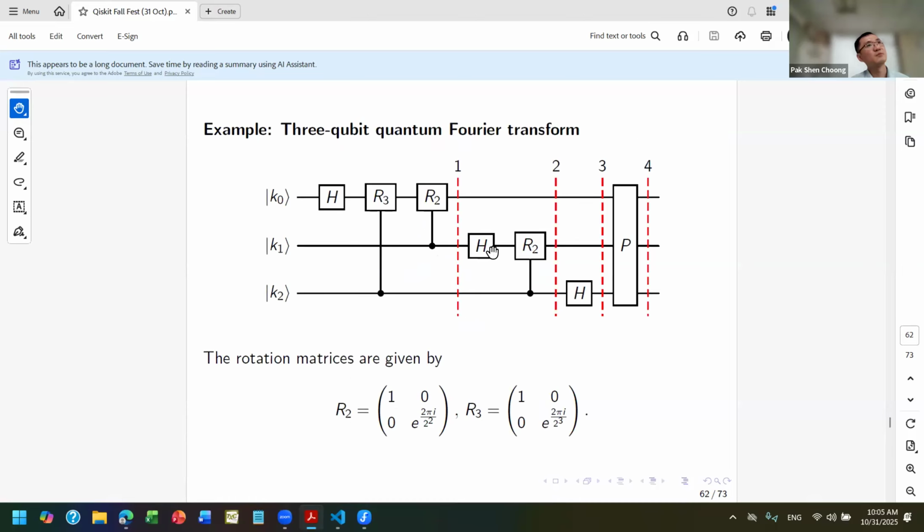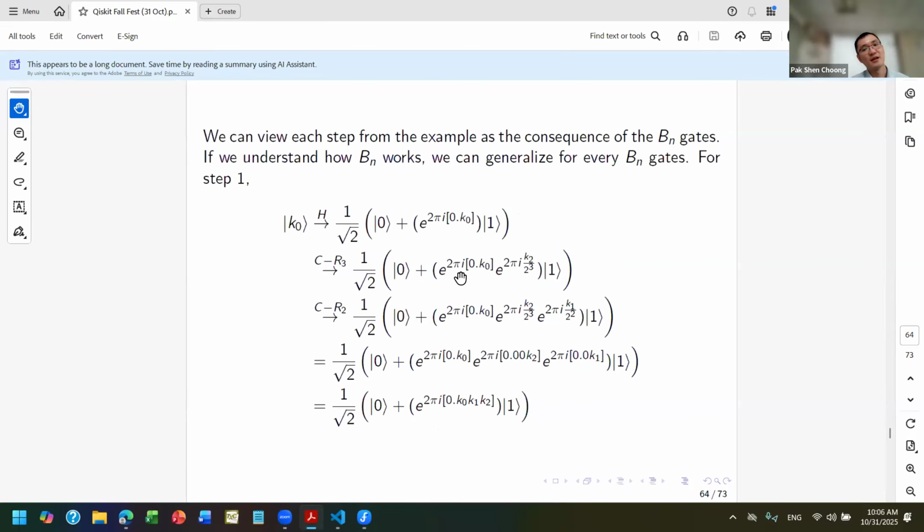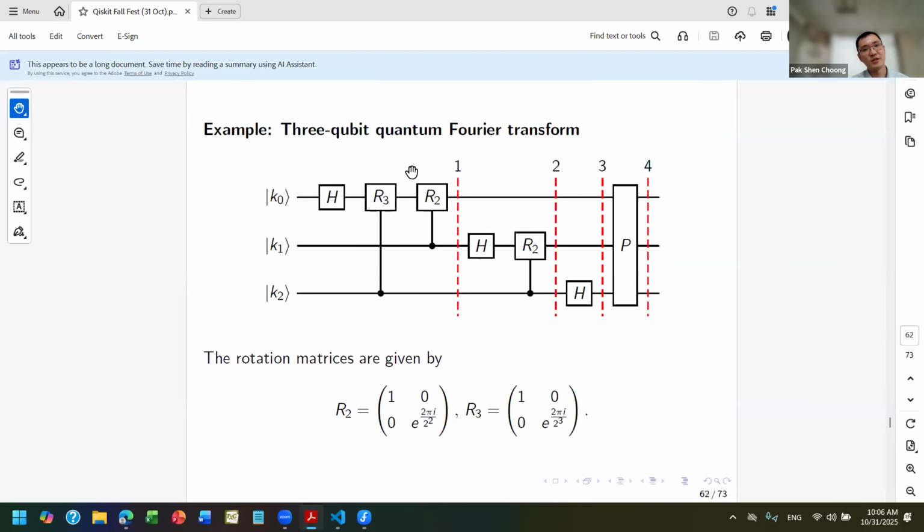K1 comes from H, K2 comes from R2, right? K0 comes from the H, K1 comes from this rotation, K2 comes from R3.